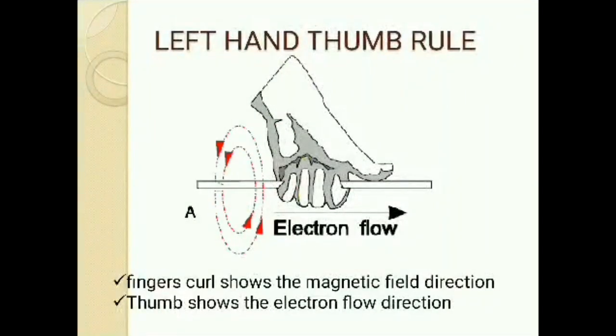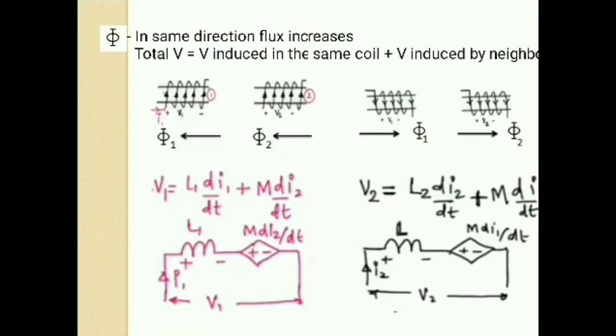Okay, now we will analyze these magnetically coupled circuits. Let us consider coils wound on an air core or rod. The first one is coil 1 and the second one is coil 2. They are placed near each other. Let us say the current I1 flows from left to right. Using the right hand thumb rule, by placing the four curled fingers in the magnetic field direction, the right hand thumb indicates the flux direction.